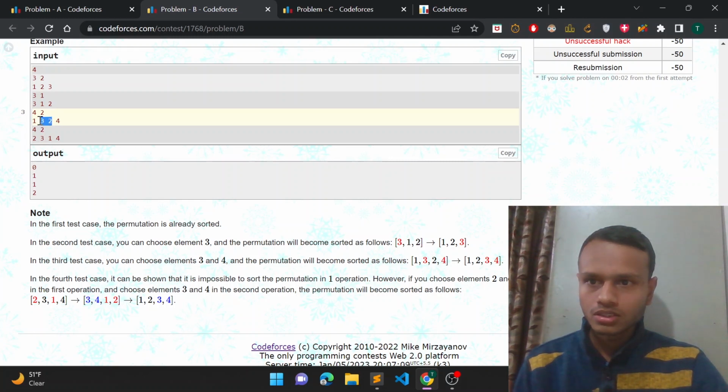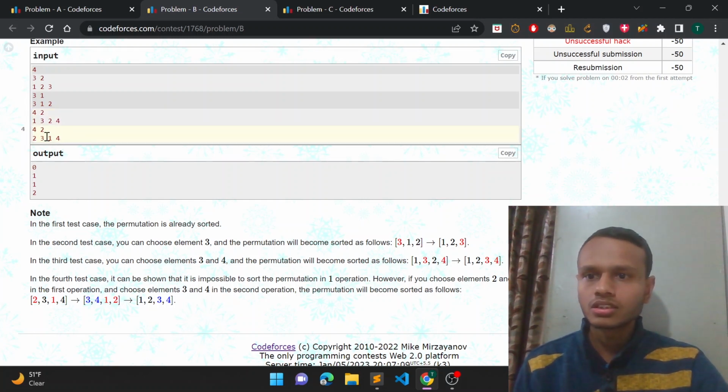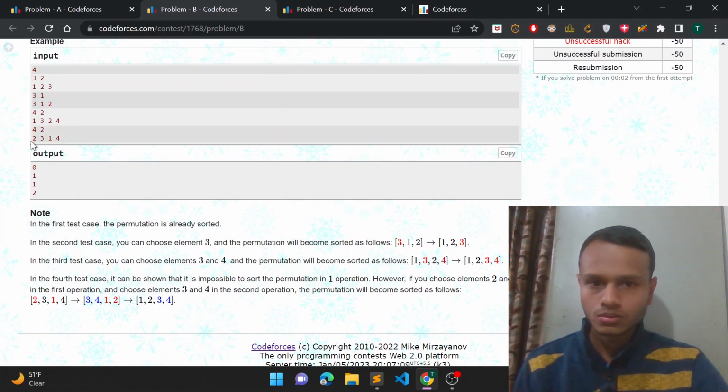Now for this one, yeah, this is a tricky one. Oh, so I can take 3 and 4 and add them at the end, right? For this case, the answer is 2.